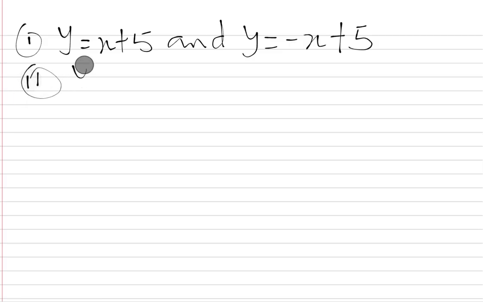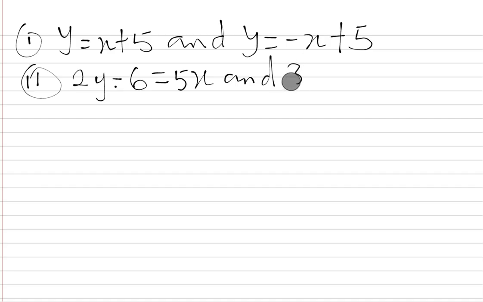Number 2, we have 2y minus 6 equals 5x, and 3 minus 5y equals 2x. Check which of the following is perpendicular.